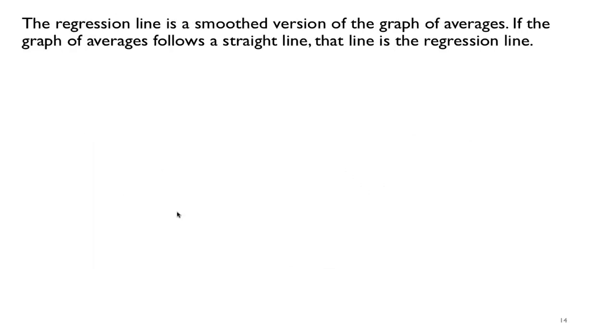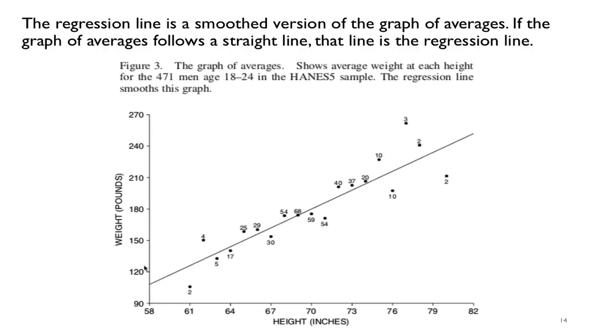The way we think about the regression line is as the smooth version of the graph of averages. For example, if I were to plot all these points showing the average weight at each height for each of the men, so if I pick a point here, given this height, I look at all the people who have this height, look at all their weights and find the average of all their weights.